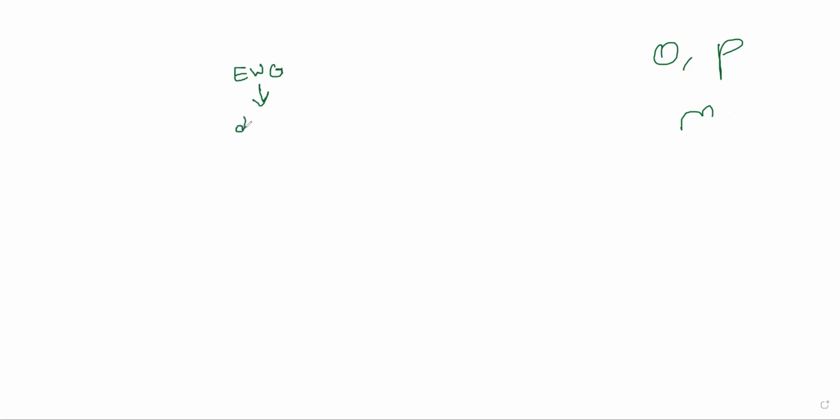These are deactivating, and essentially they will direct to meta, and electron donating groups. These will be activating, and they will give you a mixture of products of ortho and para.